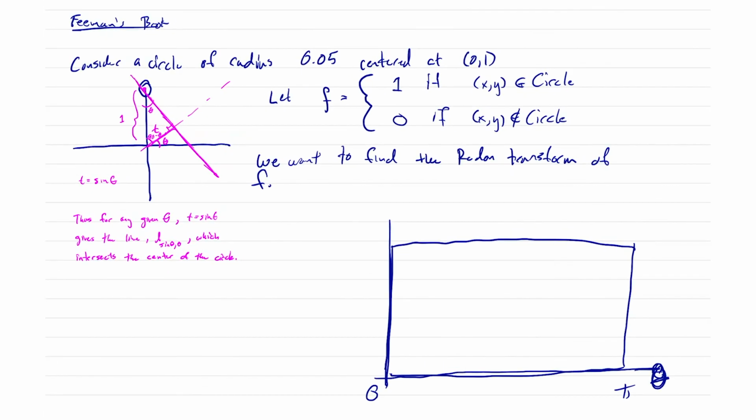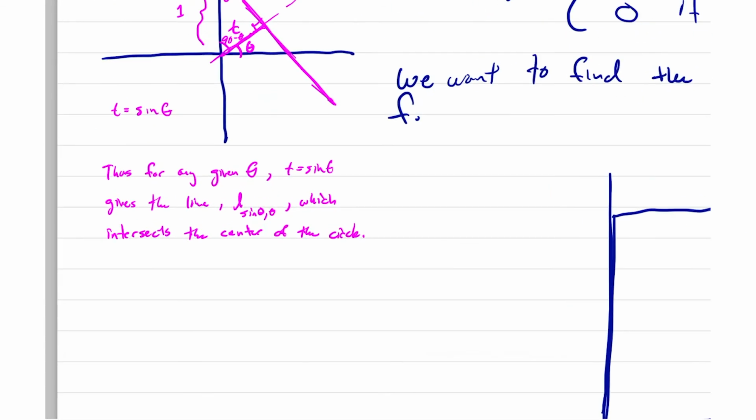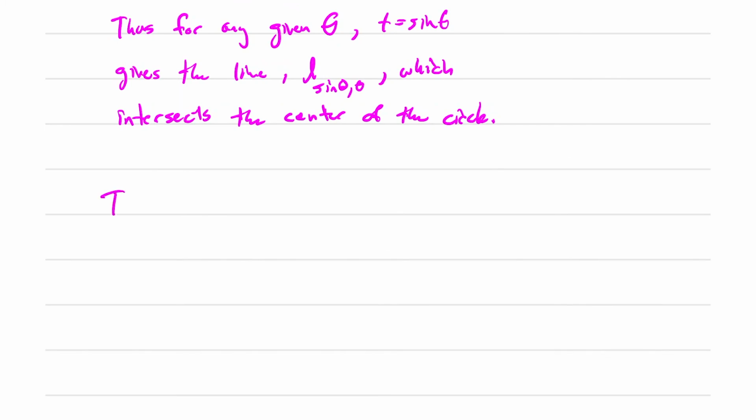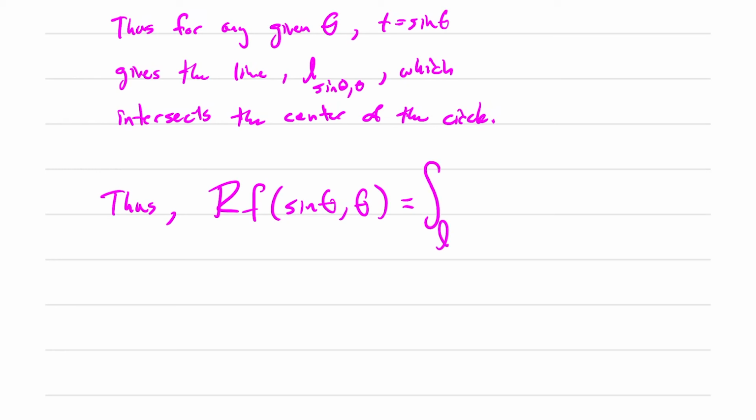Okay, not too bad. So, what does that mean? Thus, oh no, now you have to suffer my handwriting here. Let's zoom in again. So we'll say, thus, the Radon transform of f at (sine of theta, theta) is equal to the integral over L sine of theta, theta of f, we'll just say ds.